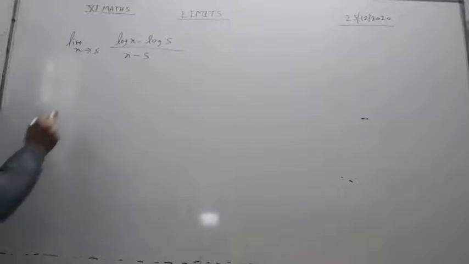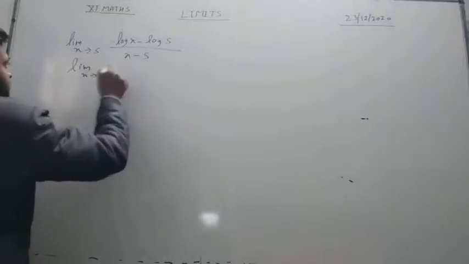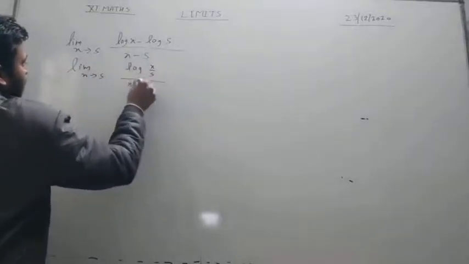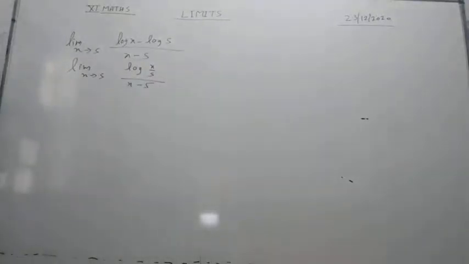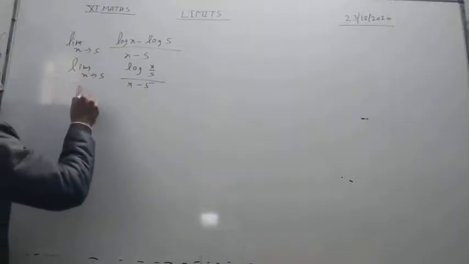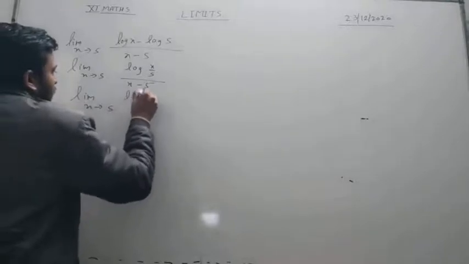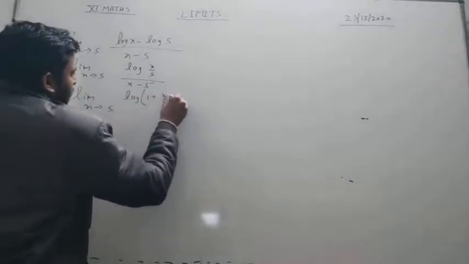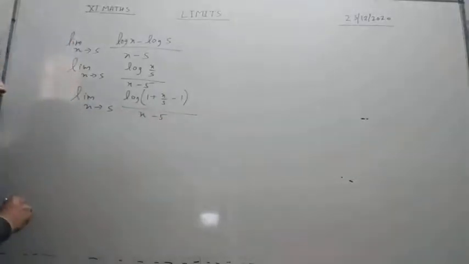So let the limit as x tends to 5, we can write log(x/5) by x minus 5. Okay student, now we can write this limit x tends to 5 of log(1 + x/5 minus 1) by x minus 5.